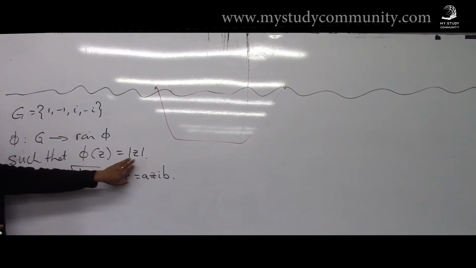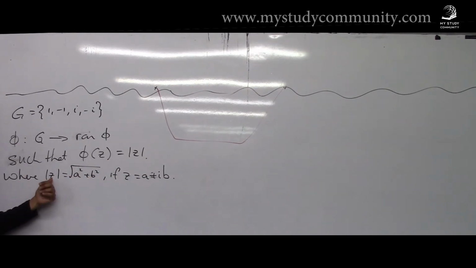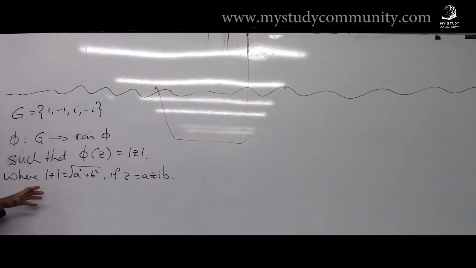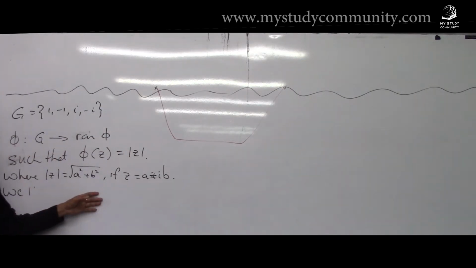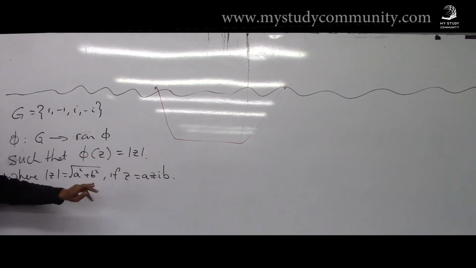So phi of z equals the norm of z, for complex numbers, where if z is a plus ib, it's the standard definition. So we want to prove that phi is a homomorphism. So we know, so now, oh, in fact, no, wait, y'all try. Yeah, so this is the goal.